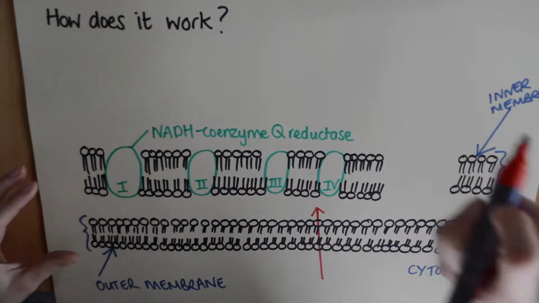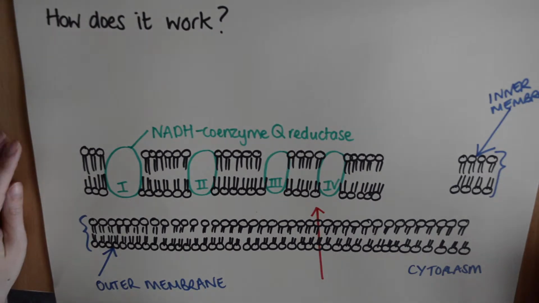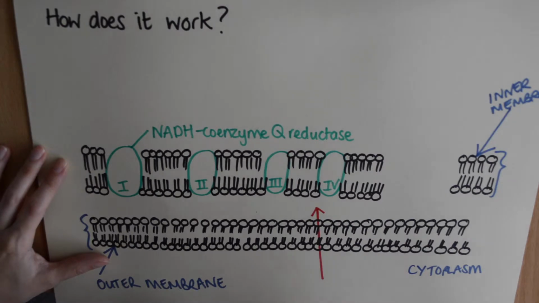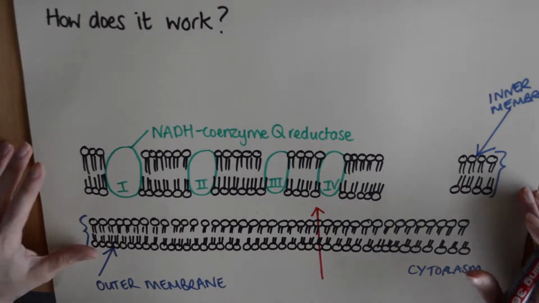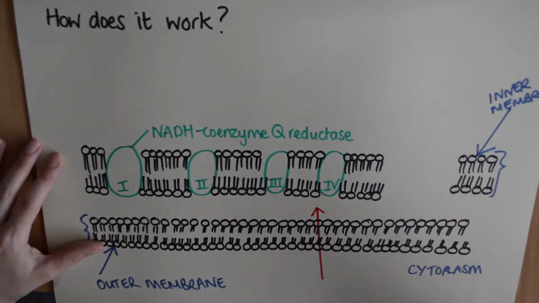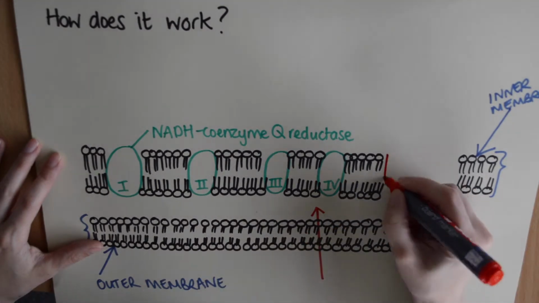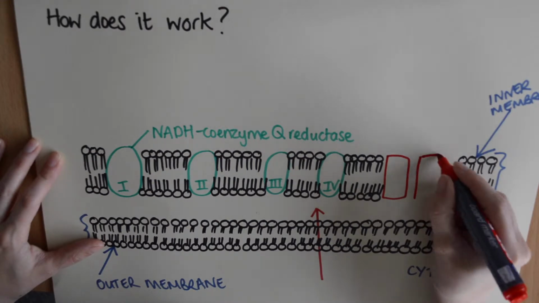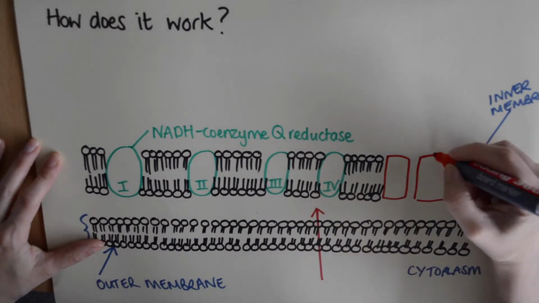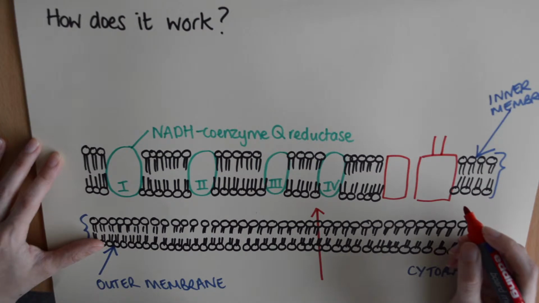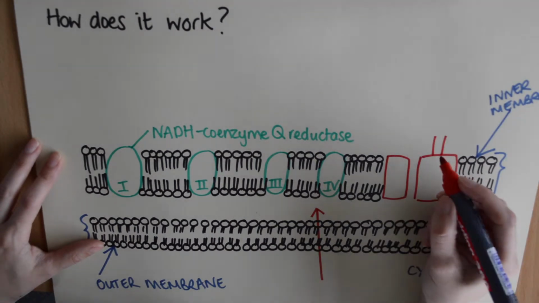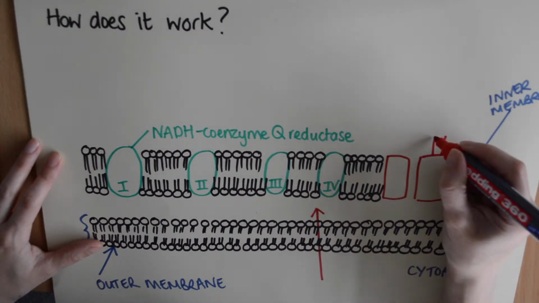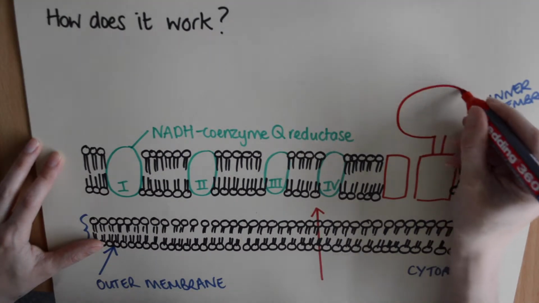Now, as well as those electron carriers, embedded into the inner mitochondrial membrane is a molecule or many molecules of ATP synthase, which I'll just draw over here. Now, attached to the ATP synthase, or making up part of it, is the stalked particle.